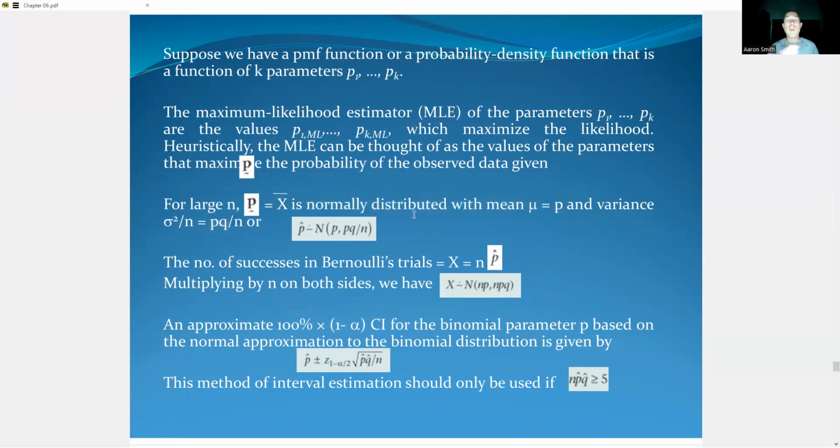Here, this is the number of observations divided by the number of opportunities to be successful, so the number of successes in a binomial trial.